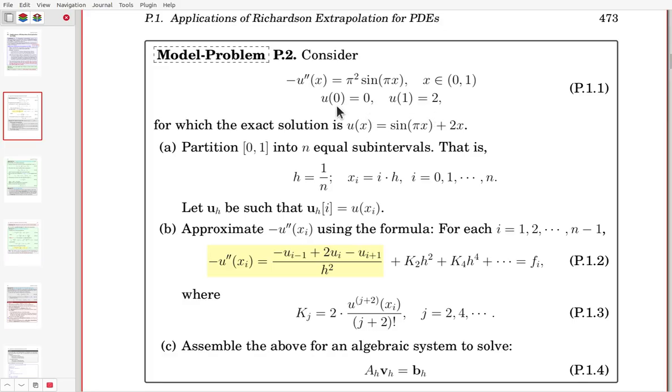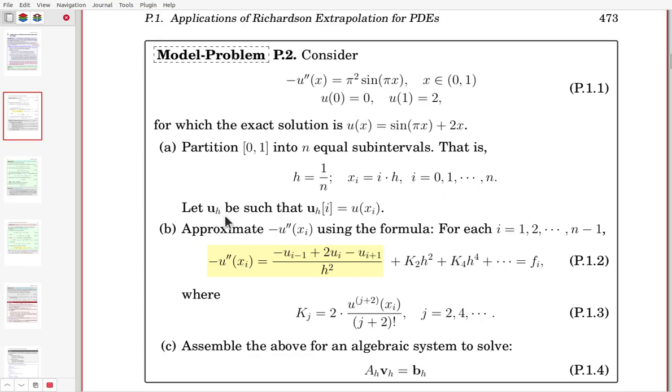For this differential equation, we have an exact solution: u of x is sine pi x plus 2x. Now we partition from 0 to 1 into n equal subintervals. So h, the grid size, is 1 over n, and x_i is i times h, of course with i from 0 to n, a positive integer.